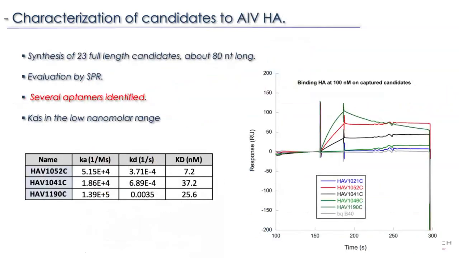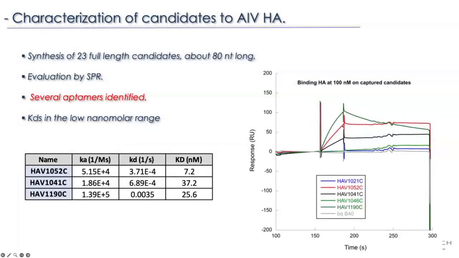We performed this characterization by SPR or BLI on the different candidates that we synthesized. Here on this sensorgram are shown the results for a few of these candidates. In gray, this is the negative control, a library that does not bind to hemagglutinin.